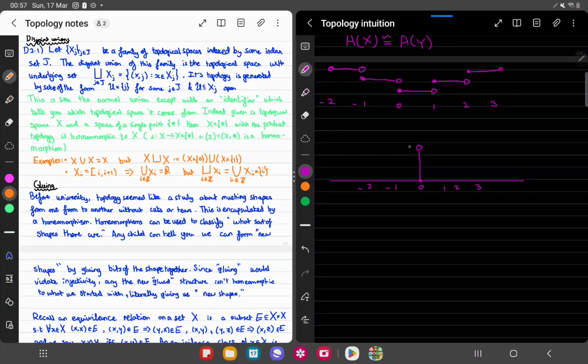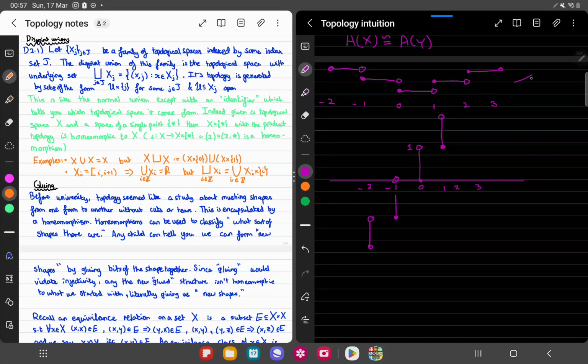Maybe I drew this wrong. Okay. 1. And then when i is equal to 1, I get the half open interval from 1 to 2, right? Like that. And then I should end up getting something like this. So I get a hole here, and like that, and a hole here, and then like that. So this is what the disjoint union looks like.